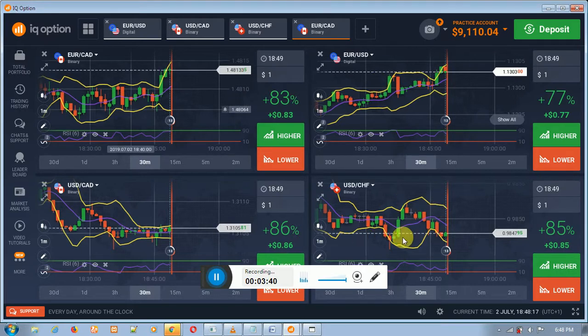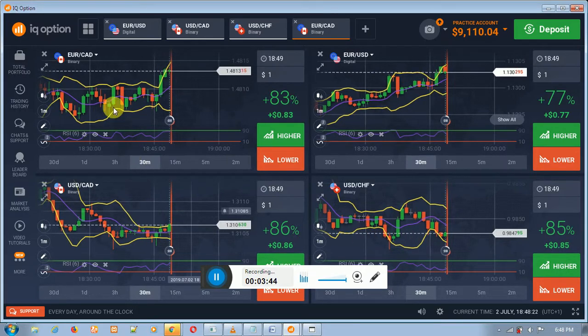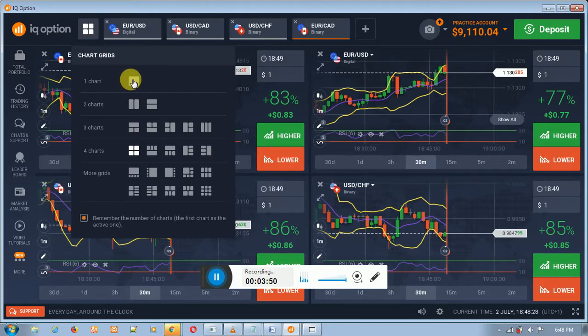Now the basic rules. Let me go back to 1 so that the basic rule could be very clear to us all. Okay, I'm using 1 chart so that it will be very visible.